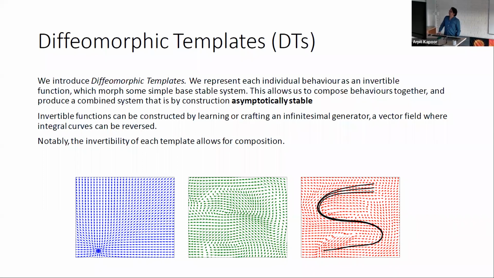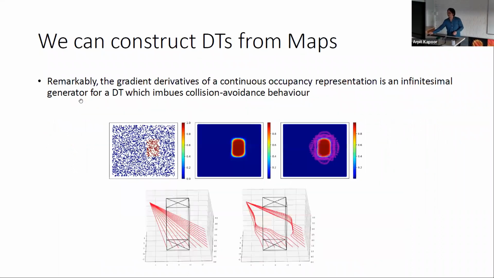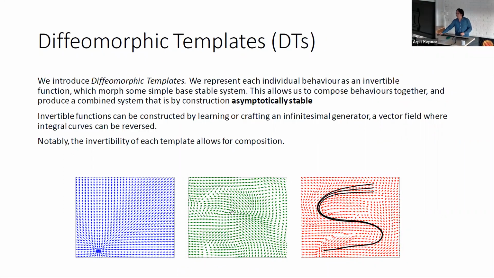The way to do this is by using diffeomorphic templates. A nice observation is that if you have a system that is already stable and you morph it by an invertible function, so you pass it through an invertible function, you basically morph this vector field.